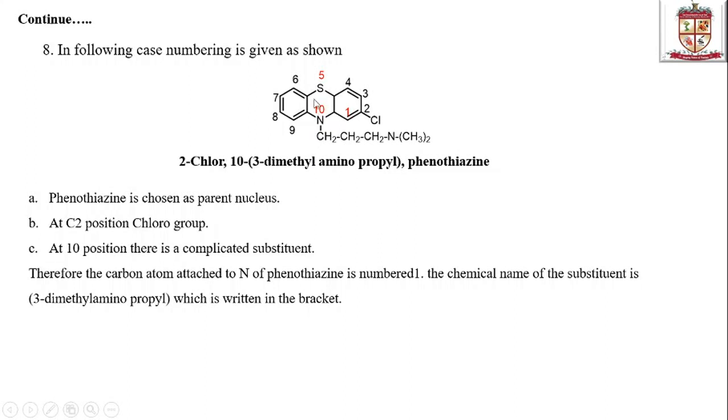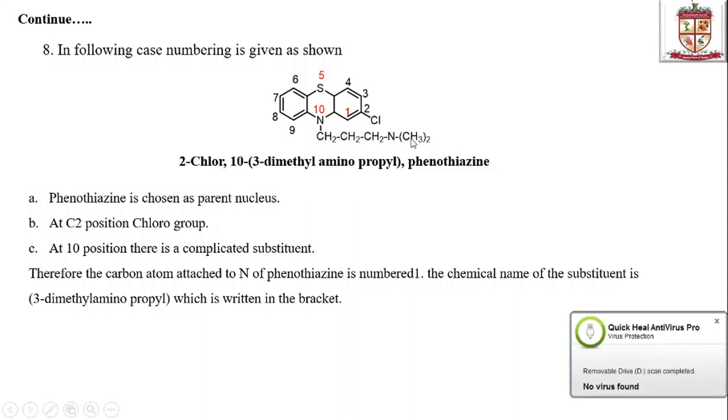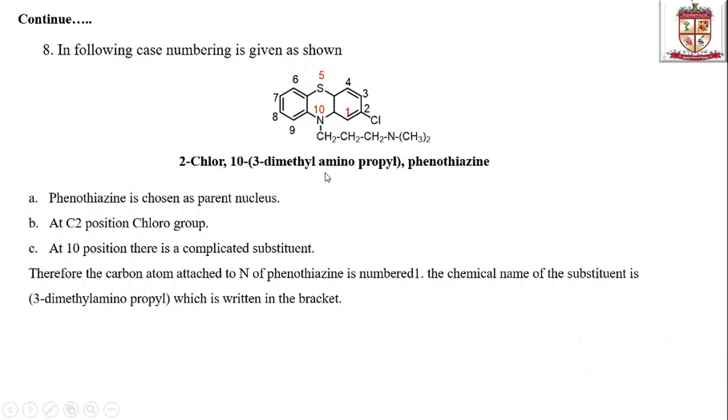Hence the first number goes to this carbon, and 1, 2, 3, this is the 3, and the third carbon is directly attached to the nitrogen which carries the methyl groups, the two methyl groups. That's why we give the numbering as 3-dimethylaminopropyl.